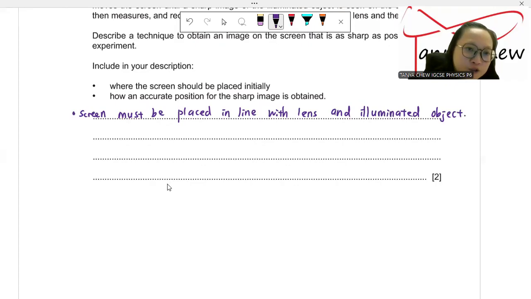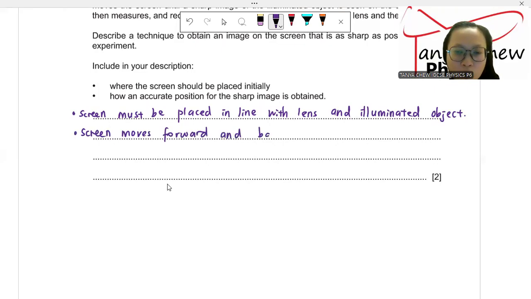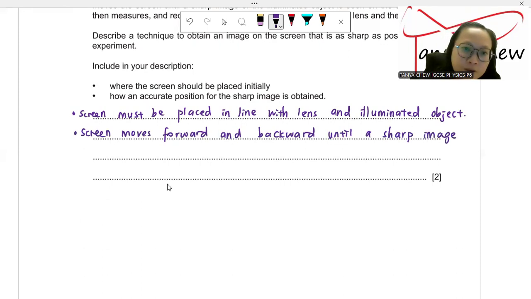And then the screen moves forward and backward until a sharp image is obtained. You definitely don't know for sure whether that is the sharpest image or not, but you see that, hey, I think this is a sharp image.